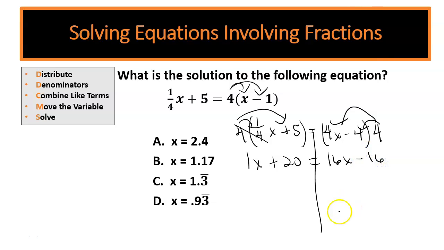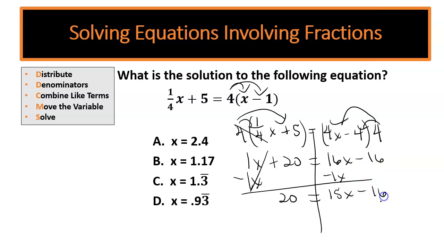Now combine like terms, don't have any, so I'm going to move a variable. 1x is smaller. Take 20 equals 16x minus 1x is 15x minus 16. Still need x by itself, so I'm going to add 16 on both sides. I get 15x equals 36 and divide by 15.